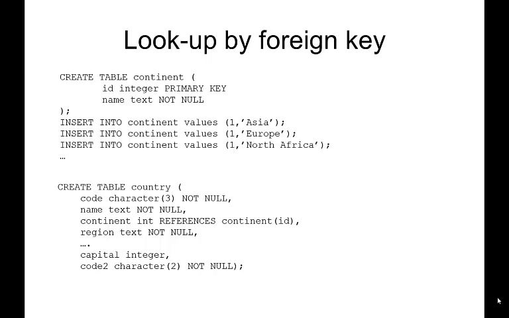So it's using less storage. Looking up integers is quicker and less storage intensive than looking up strings. So the continent is an integer, the continent ID value, which references continent ID. That means that we can't insert a continent into our table unless the ID matches one of the rows in the table.